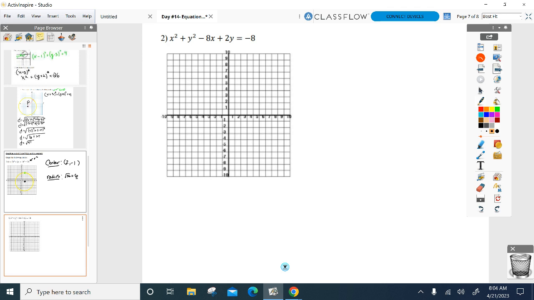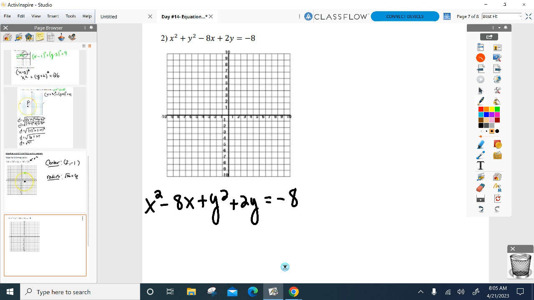What I mean is x squared is paired with -8x, plus y squared paired with plus 2y, equals -8. So there's the first step: lone number to the other side, x's and y's paired together.